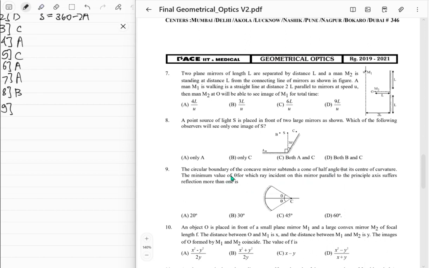They are asking the minimum value of theta for which a ray incident on this mirror parallel to the principal axis, so like that, any ray suffers reflection more than once. Huh? Reflection more than once. Okay, now I understand what it's trying to say.